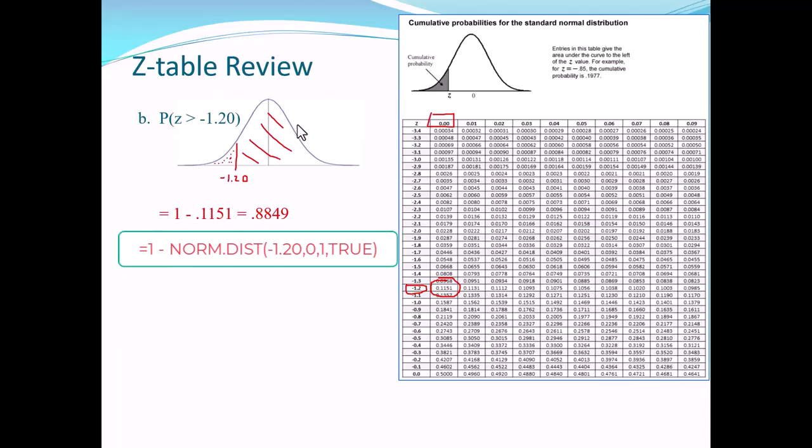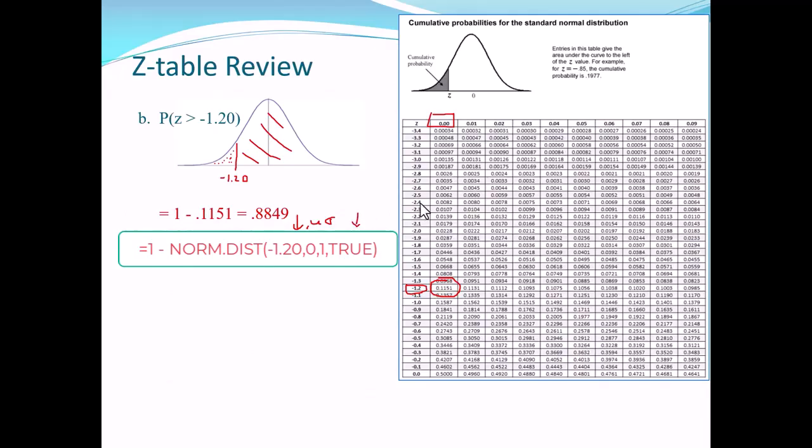And we can find the same probability, that 0.1151, using our Excel norm.dist function. We put in the x value, or the z value that we want to work with. We put in a value of mu, we put in a value of sigma, and then true is what gives us the less than or equal to probability.